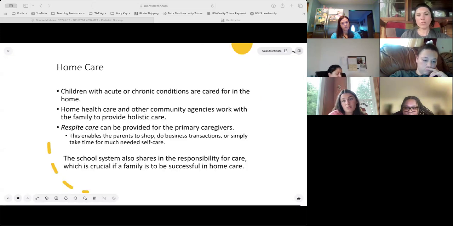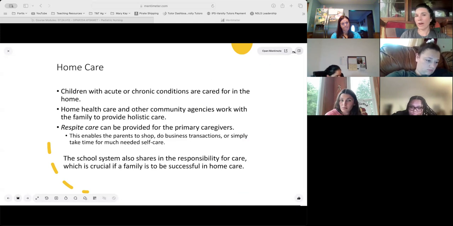When we send kids home with home care, it can either be an acute or a chronic condition that they're going to have long-term care for. We're relying on those home health agencies to provide that extra level of care that they need to make them successful at home.